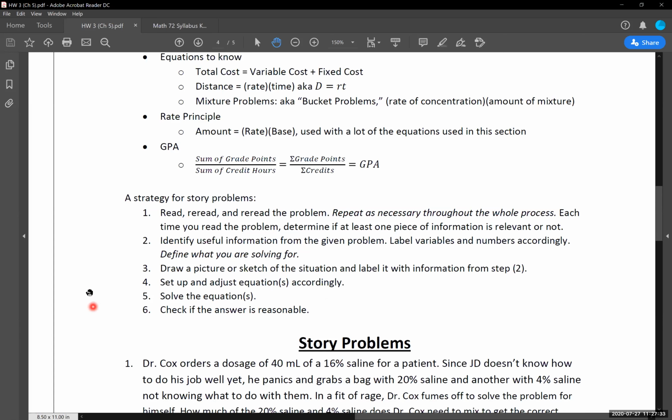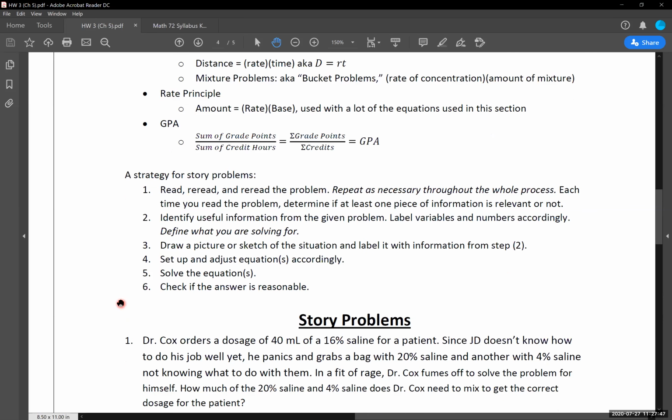Okay? But again, this is not the universal only method that we have to solve these things. This is, as best I could find, a generalized method for solving story problems. You do not have to follow this exactly. You can modify this method or your own methods as you need to solve these problems.